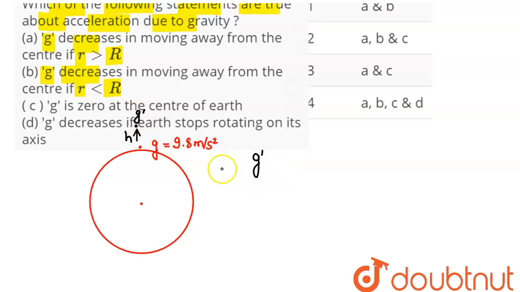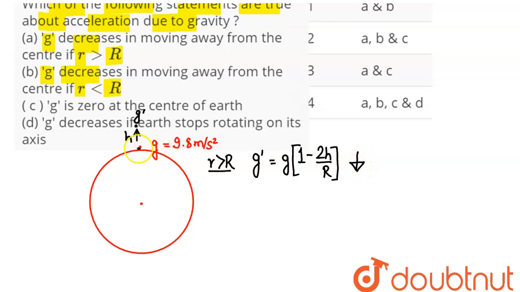Written here for the first part r greater than R, we can say g dash for approximation comes out nearly to g into 1 minus 2h upon R. Now we can say as we move away from the center, that is upwards, the value of g decreases.